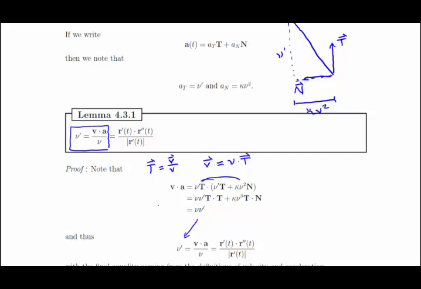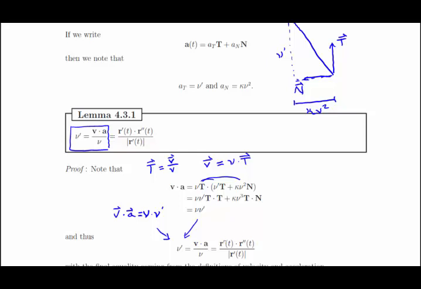So we've now shown that the velocity function dotted with the acceleration function equals little v times little v prime, and if we rearrange, we get little v prime equals the velocity vector function times the acceleration function divided by little v. And we know what the velocity function is.